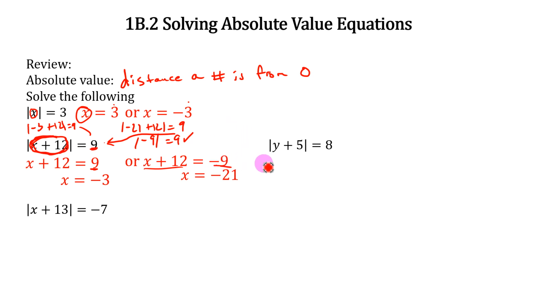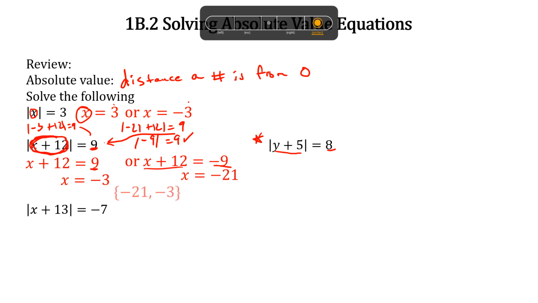That checks back out over here. So that one's good. Okay, pause it, try to work this one out right here, and come back and check your answers. Okay, so remember, what's inside has to equal this or negative this.